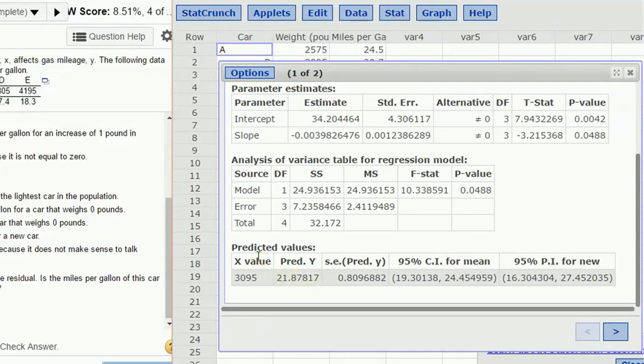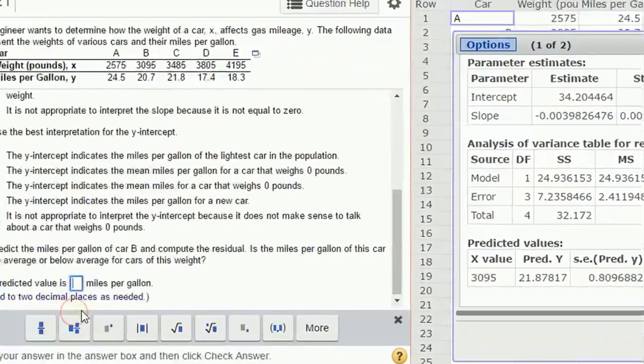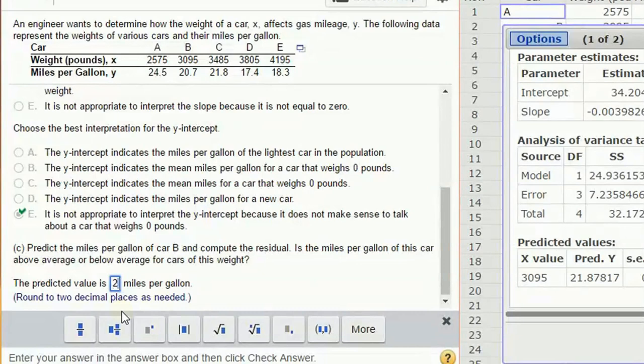You can see for an x value of 3095, the predicted value of y would be 21.87817. That's great. So I'm going to put it into 2 decimal places. 21.88 rounded up because of that 878.